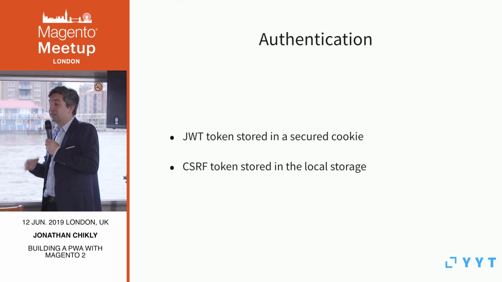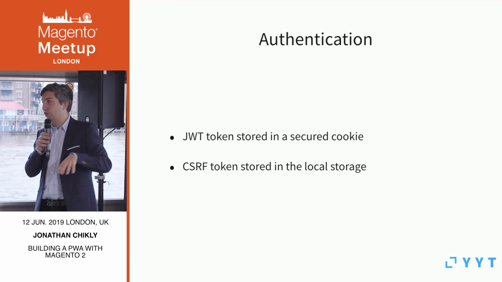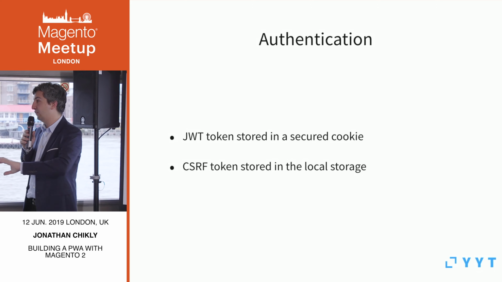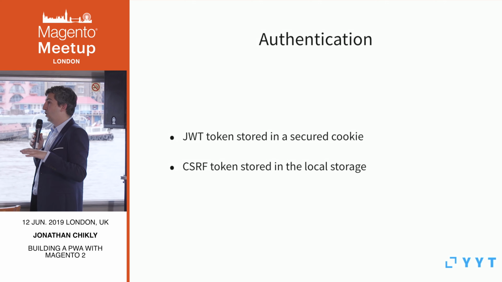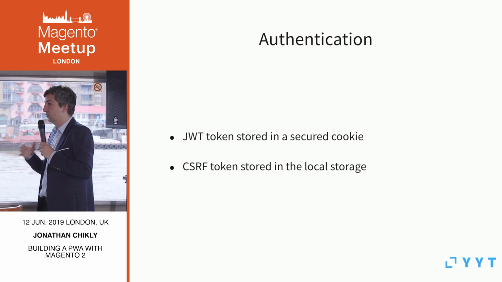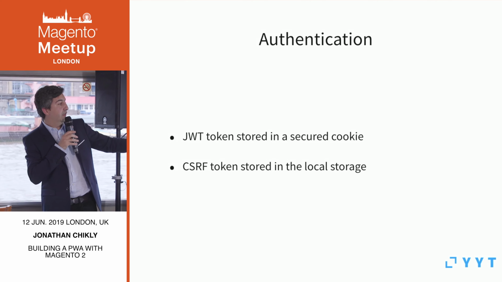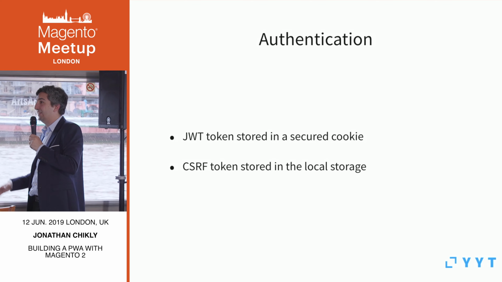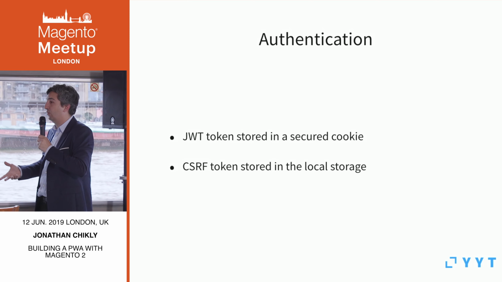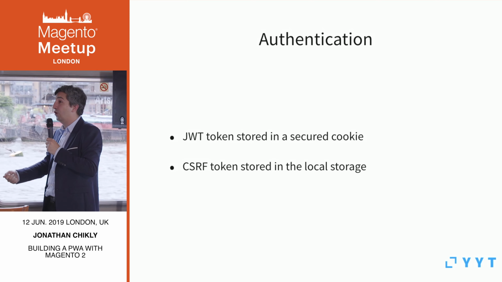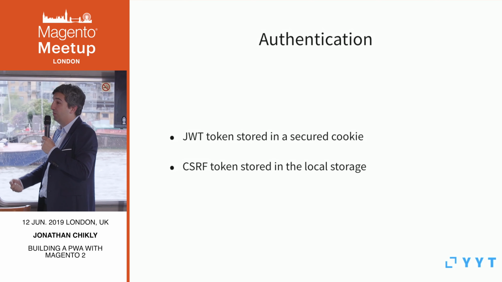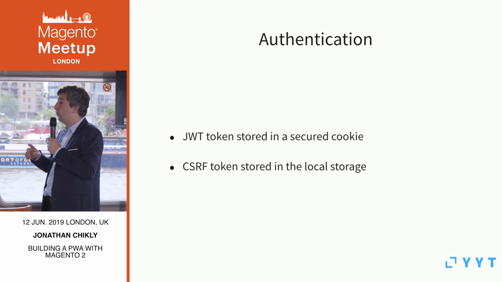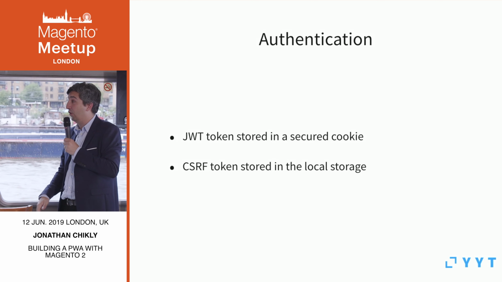We store the JWT token in a secured cookie, and the CSRF token in the local storage. The CSRF token is mostly here for the purpose of security, to avoid CSRF injections. But the JWT is here to allow us to talk to the Lambda server, which abstracts for us the Magento admin token that we need to query the API. And this is how all the requests on the website are performed.